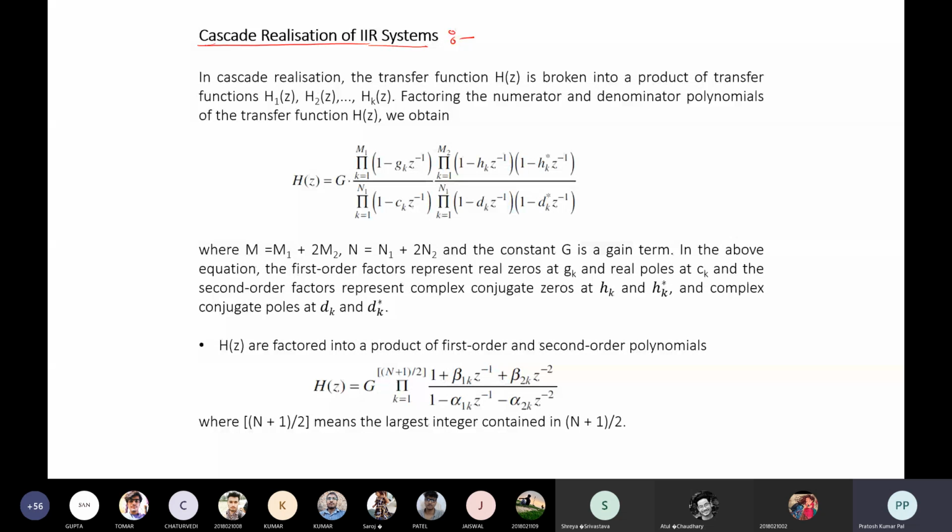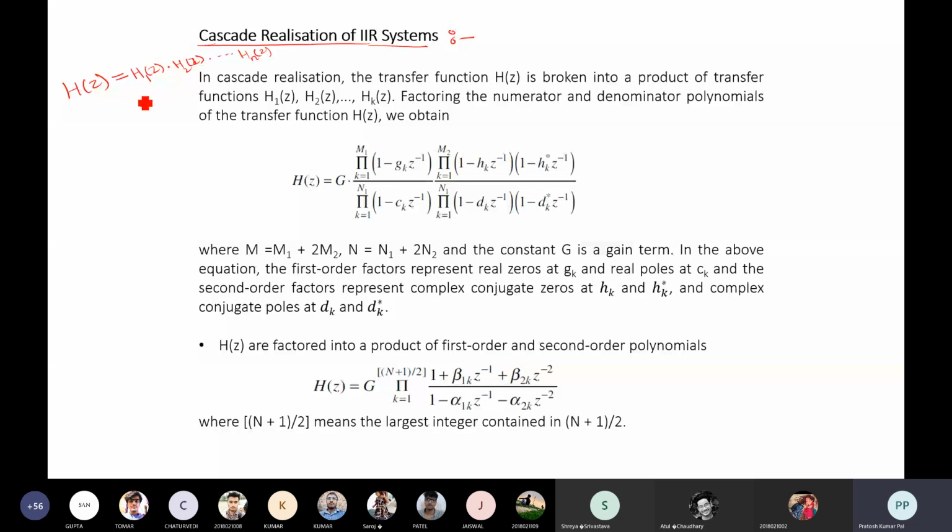So here in cascade form, any transfer function is given as H(z). We can convert this transfer function into H1(z), H2(z), and so on up to Hn(z), or any number of transfer functions.